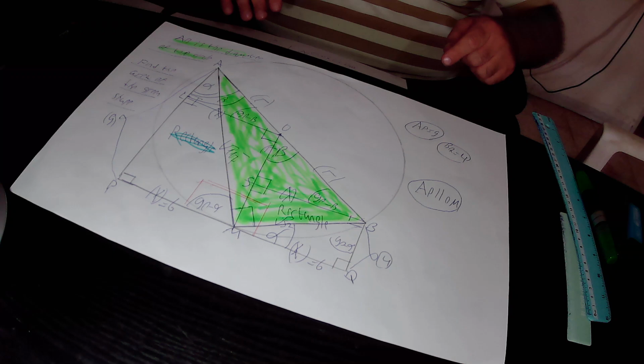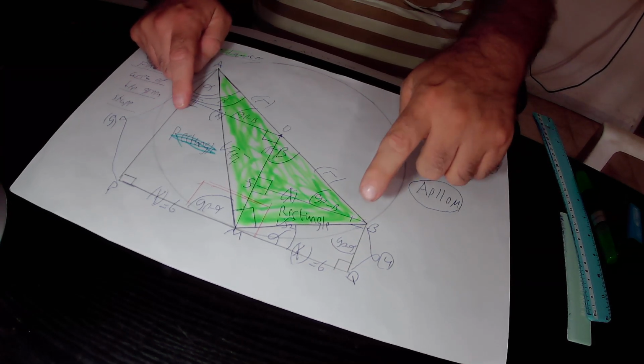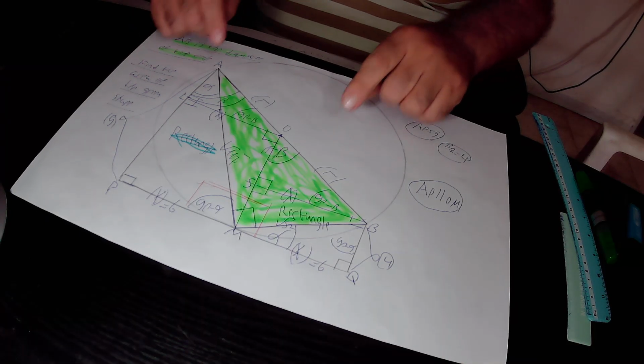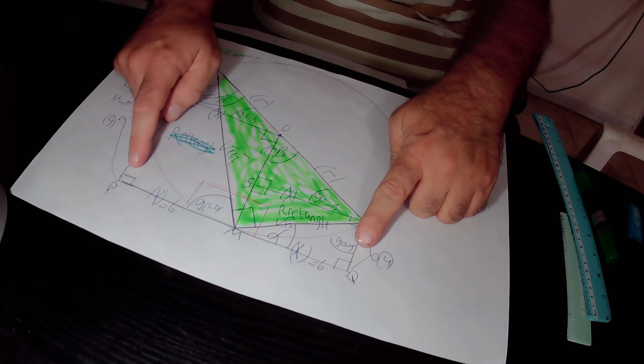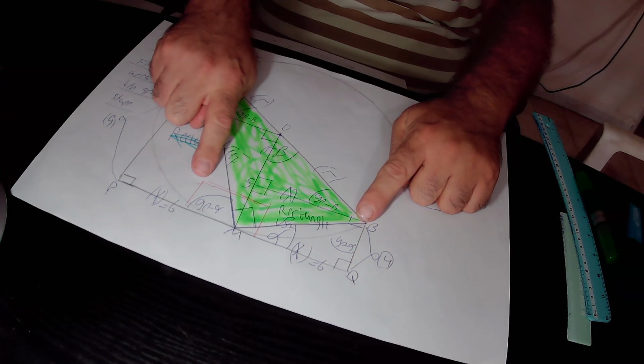The next step, we prove that the right triangle APM is similar to the right triangle BMQ according to angle similarity. Those two angles are both equal to alpha, those two angles are both equal to 90 degrees, and finally those two angles are both equal to 90 degrees minus alpha.